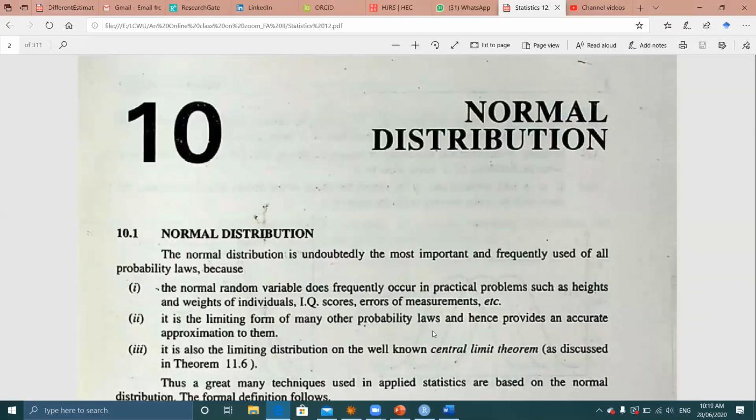These are the three different points which are mentioned here, the importance of the distribution. So you can say these 3 points actually tell you about the importance of the normal distribution.